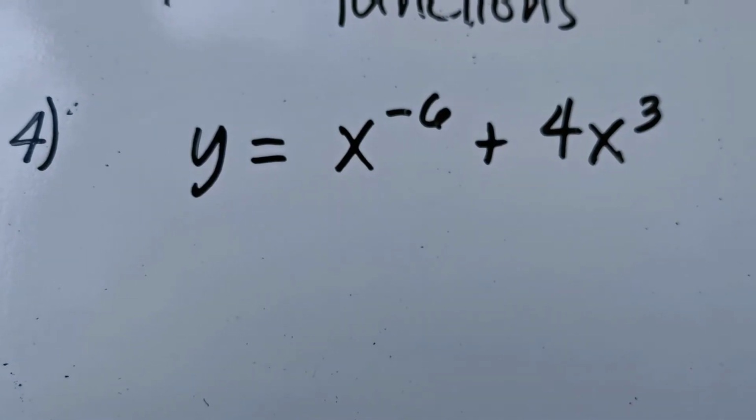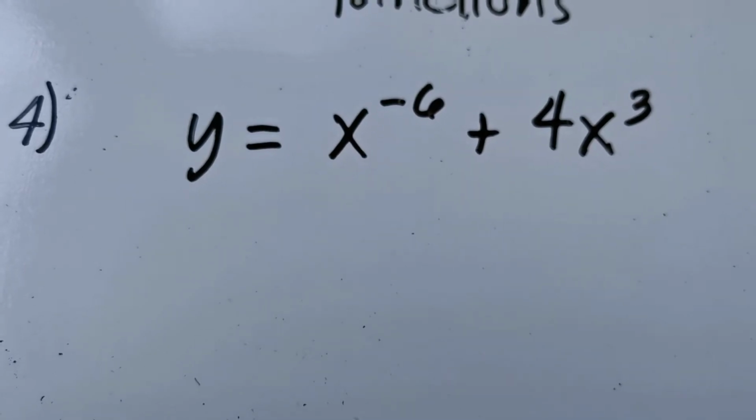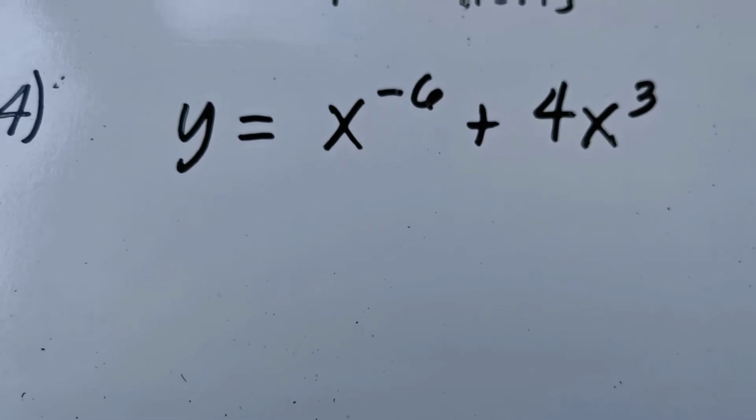We are now in the fourth example. We have y equals x to the negative 6 plus 4x cubed.